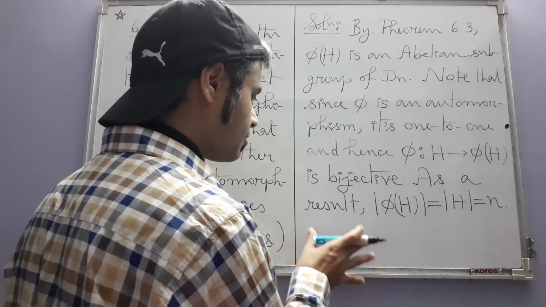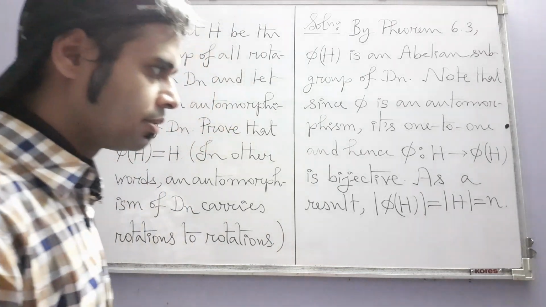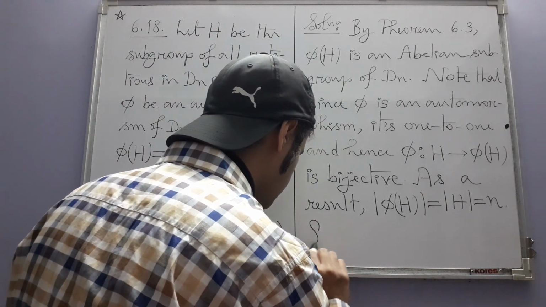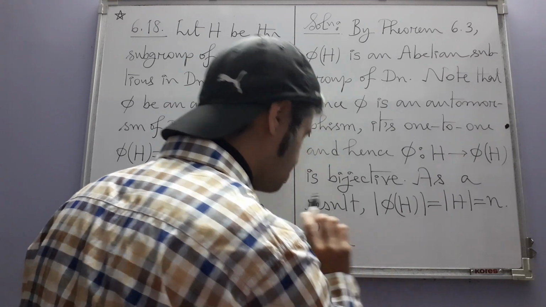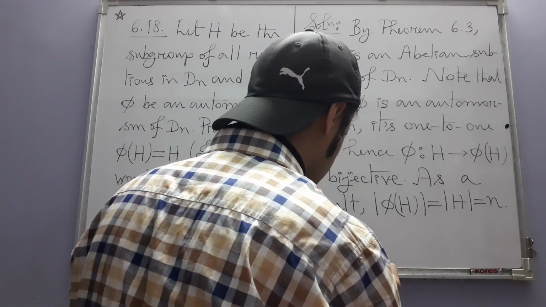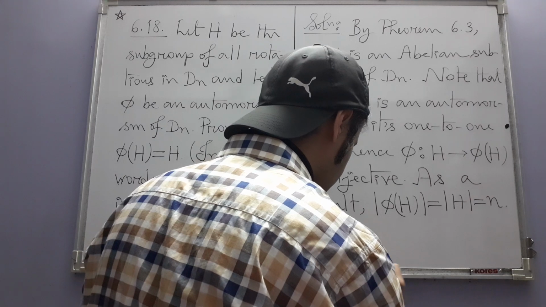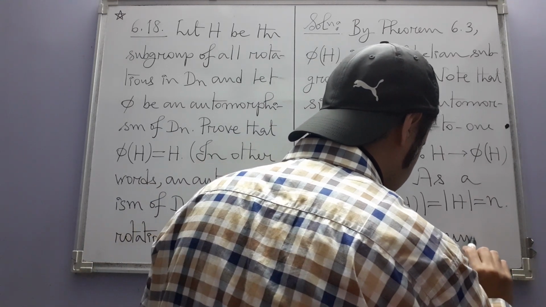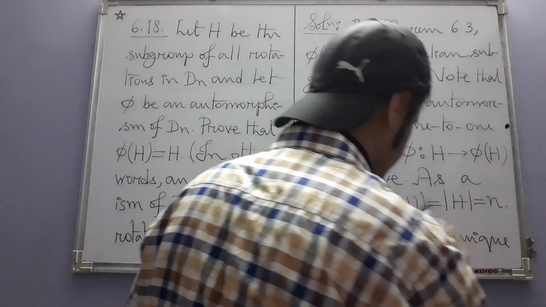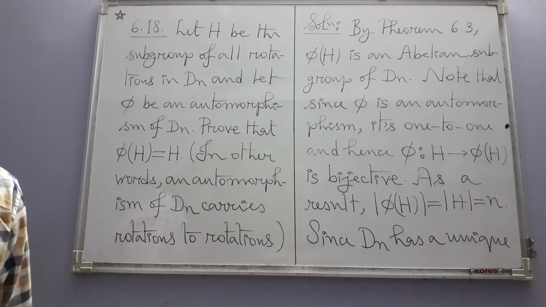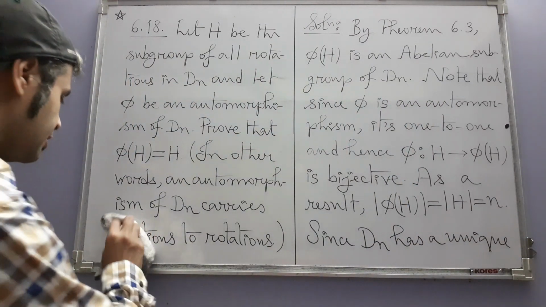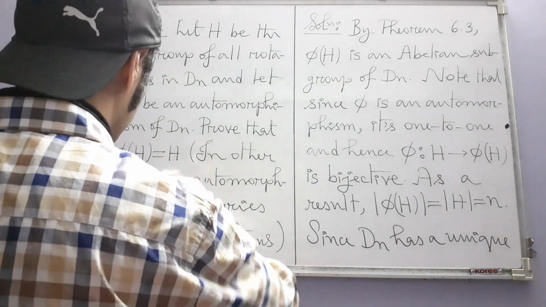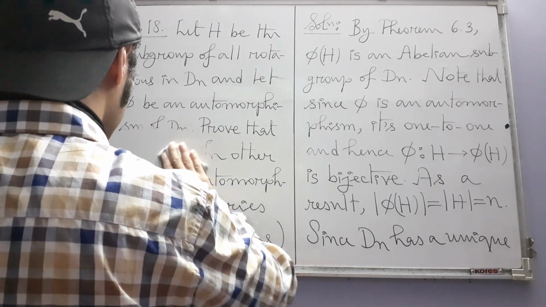Now here is another fact about subgroups of the dihedral group Dn, and that fact is this: Dn has a unique abelian subgroup of index 2, or order n, same thing.